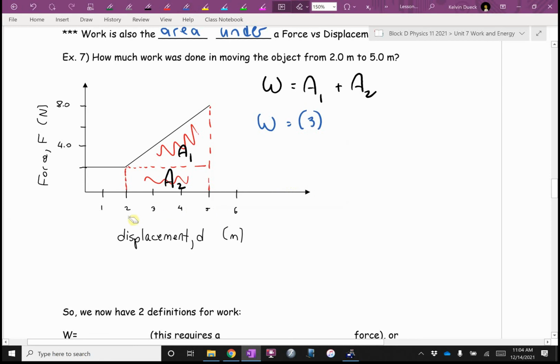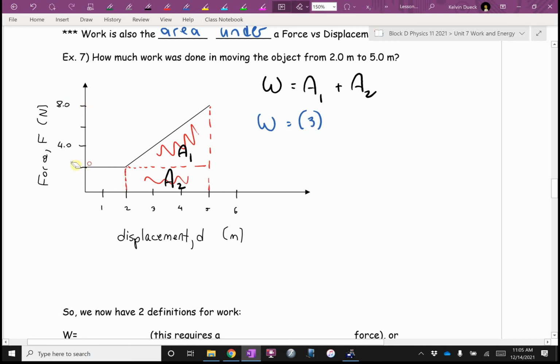5 minus, there you go. What's the height? How high here? Ready? Look at the scale. What must each one of these be? Okay, so how high?